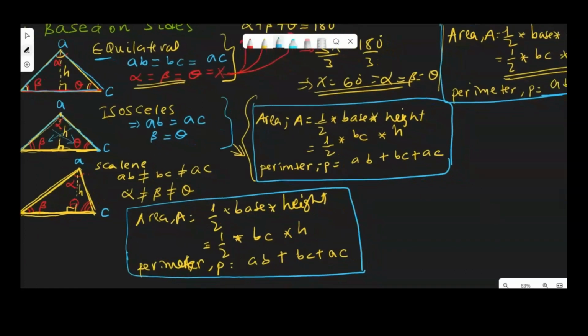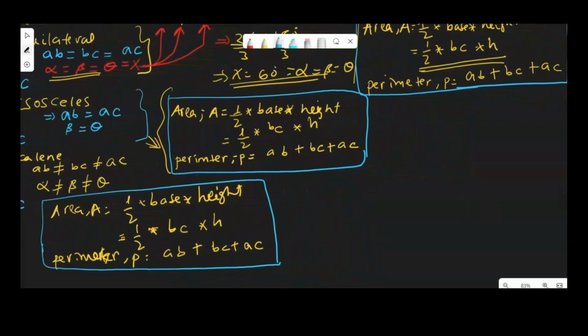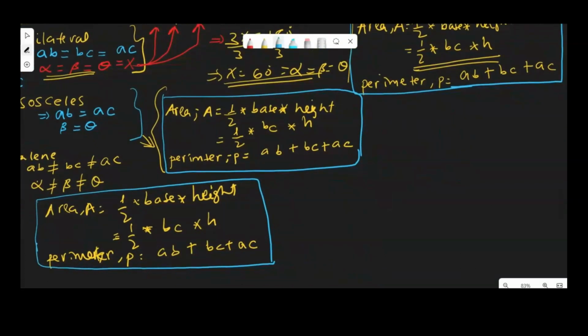One more thing I want to mention here is why the area of a triangle is described by half base times height.